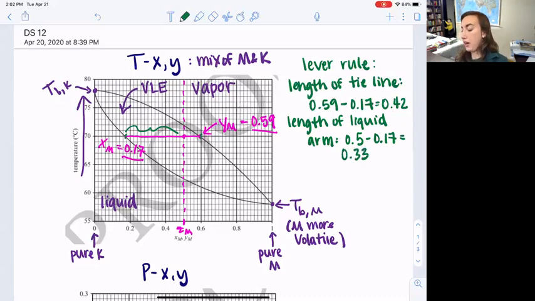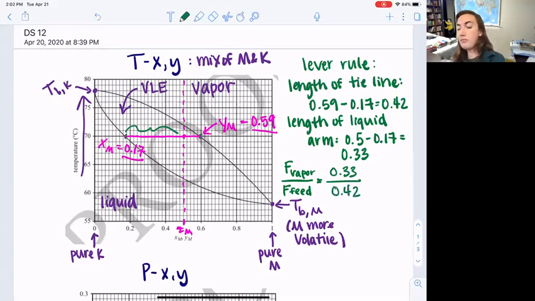So then our fraction of feed that becomes vapor, so the flow rate of our vapor stream divided by the flow rate of our feed, equals the length of our liquid arm, so that's 0.33, divided by the total length of our tie line, which is 0.42.